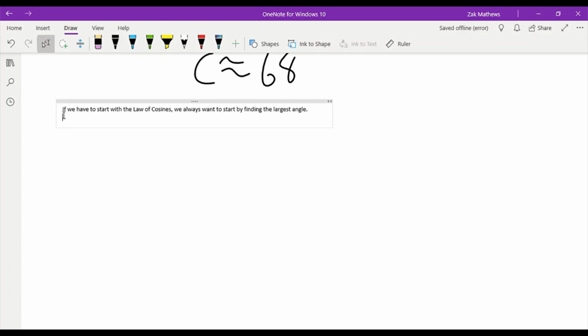But sometimes the way that those problems are set up, we don't always have all three sides. And so sometimes it's just impossible to find that largest angle first using the law of cosines. So if we can't guarantee that we have the largest angle taken care of, if we later use the law of sines, we want to make sure we find the smallest angle with that law of sines.